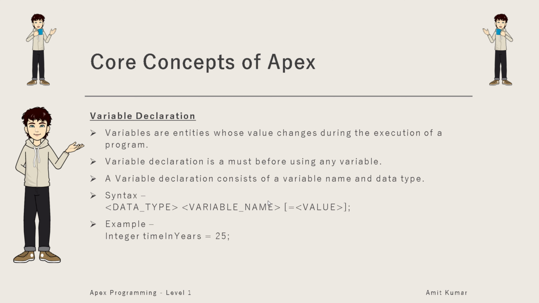Now this is an example where we created a time in years variable of integer data type, and the value we assigned to it is 25. The point to note here is that the semicolon is a must to terminate a statement. Whatever statement you are writing, if you want to terminate it, you have to use the semicolon. This semicolon is just like the period symbol in the English language.